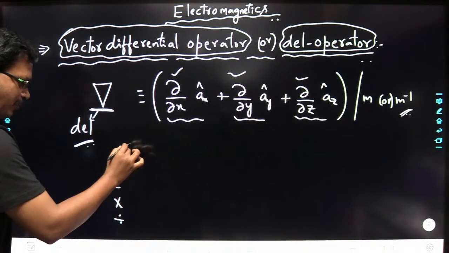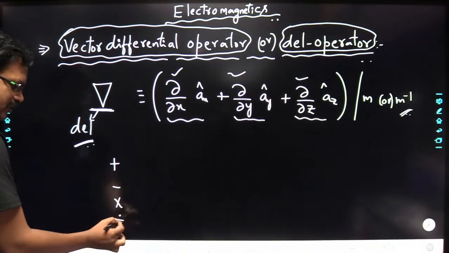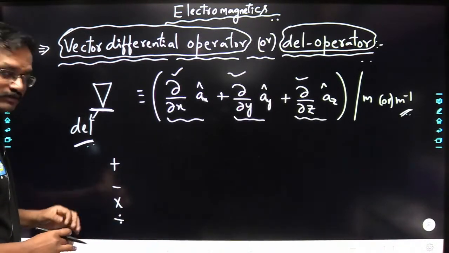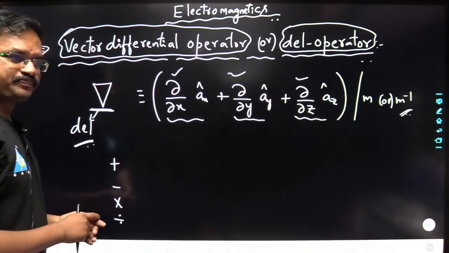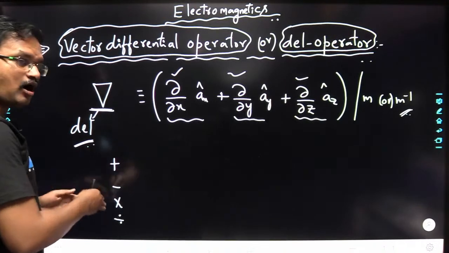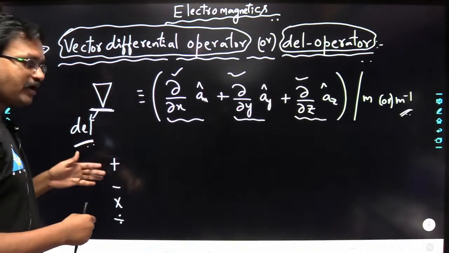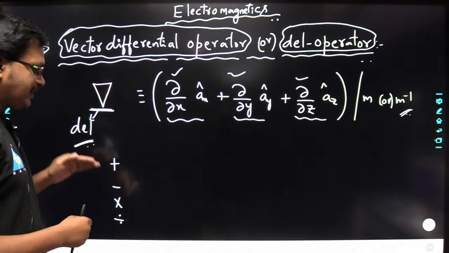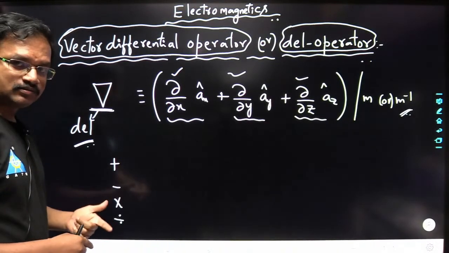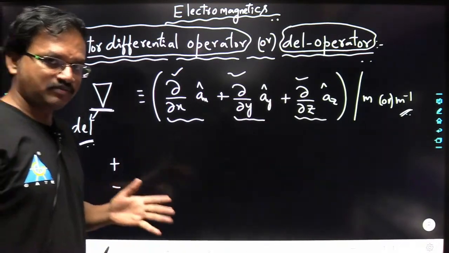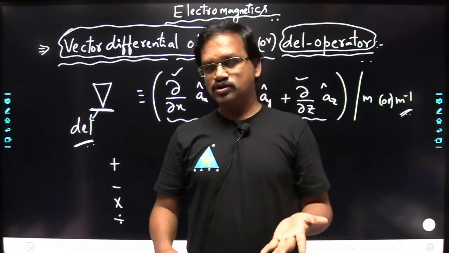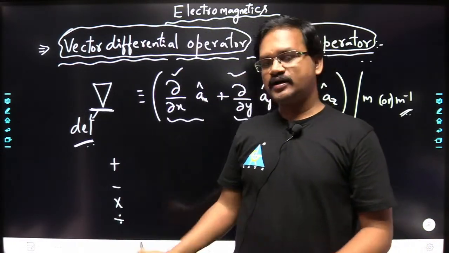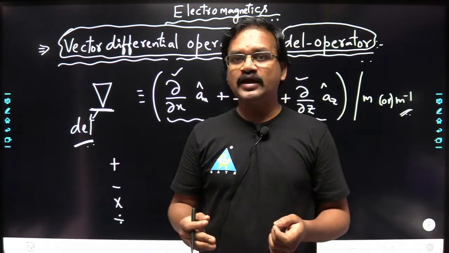So this is an operator, this is also an operator. All these are nothing but operators only. If I simply represent the operators like this, does the operator itself have any meaning? If I simply write plus, does it have any meaning? Or if I simply write minus, does it have any meaning? No. So if you simply write the operator, it doesn't have any meaning here.